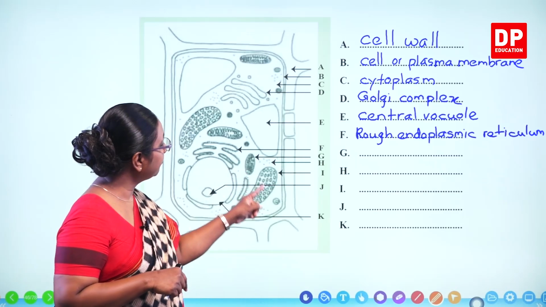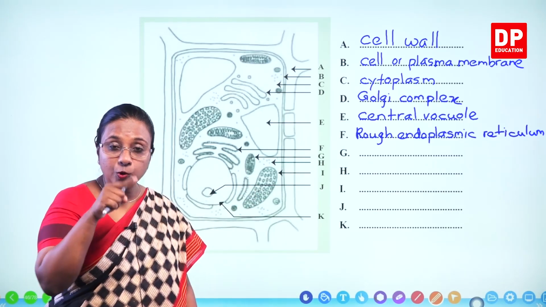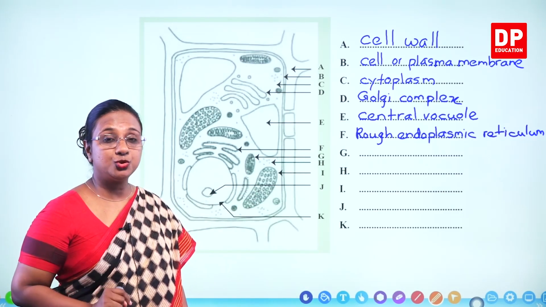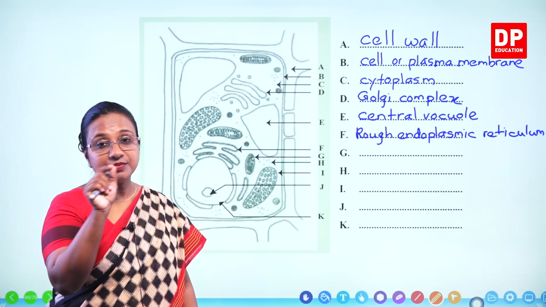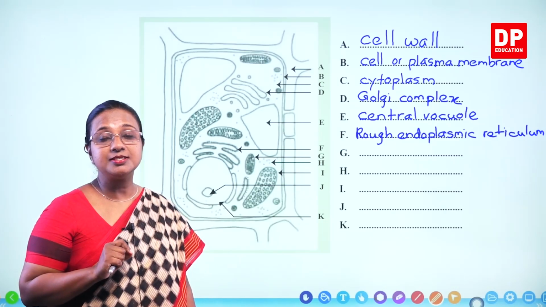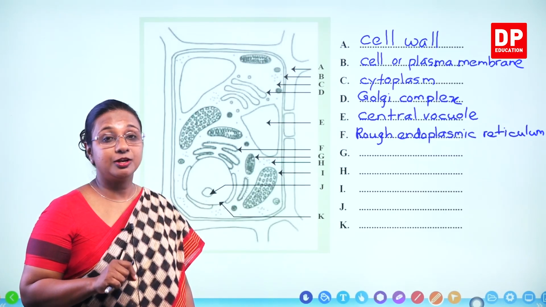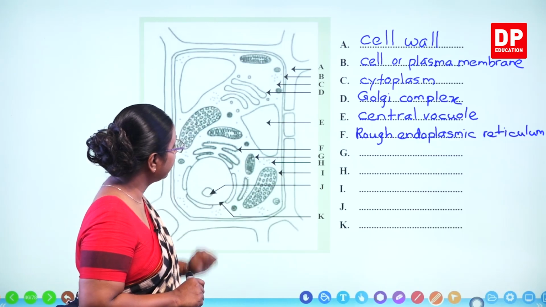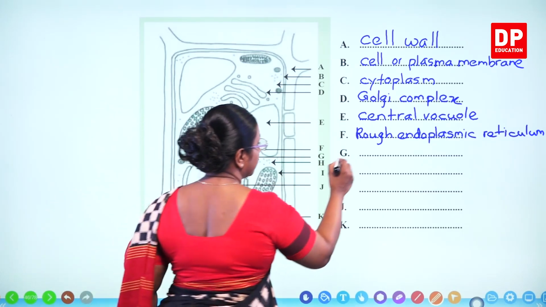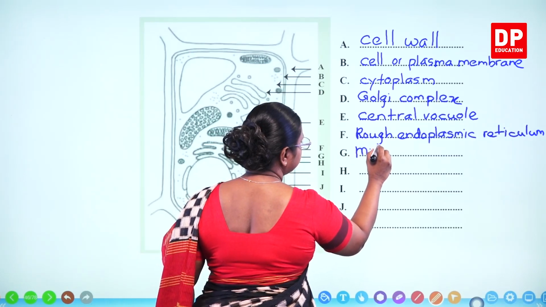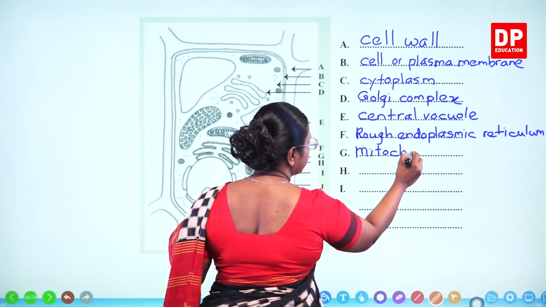So how do we differentiate? When there is a folded membrane, it has to be the mitochondria. And the other structure which has line-like structures inside will be the chloroplast. So here we can see G is mitochondria. So G, mitochondria.